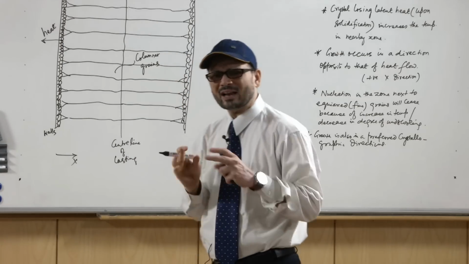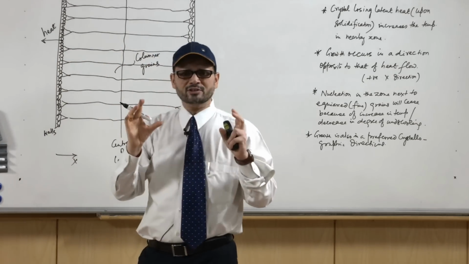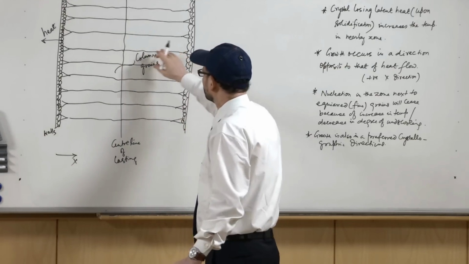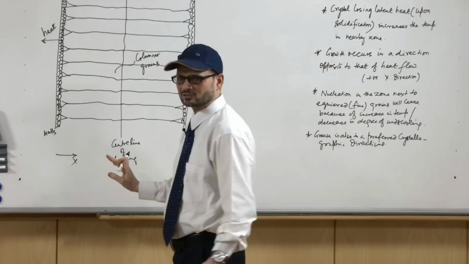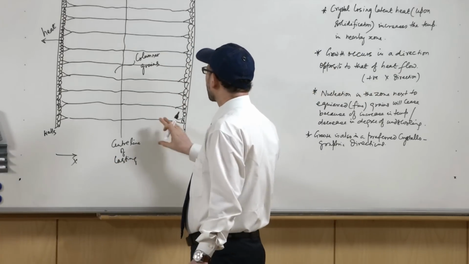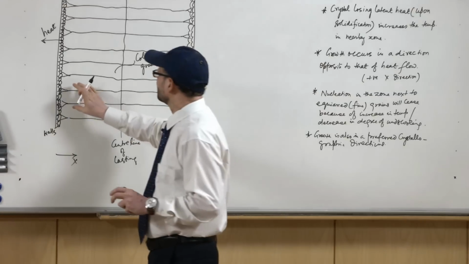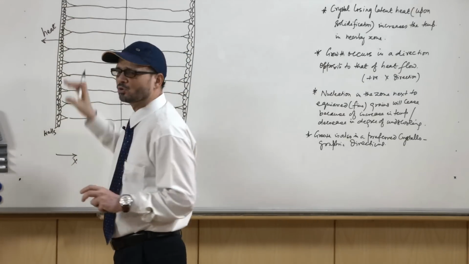They are basically neutralized, and the predominant direction of the growth of the crystal is in this direction. From here, that is positive x direction, from here it is negative x direction. Okay. So, this way you see how these grains are there in case of pure metals.